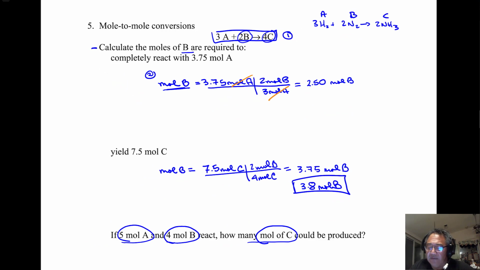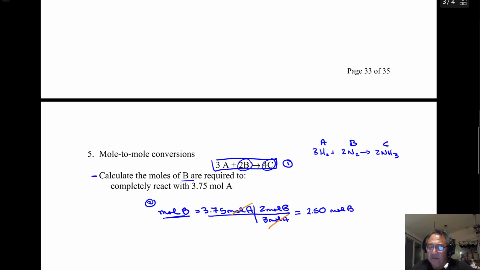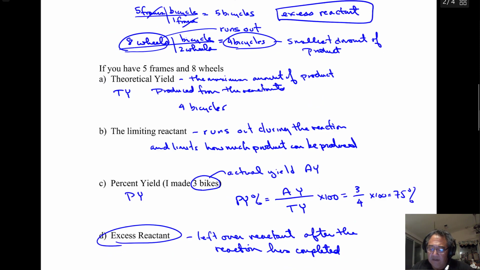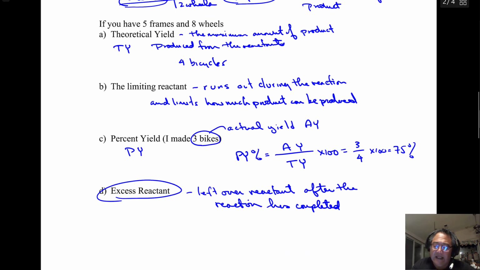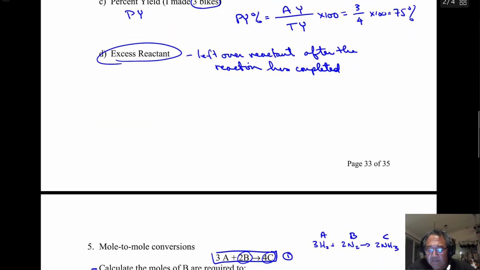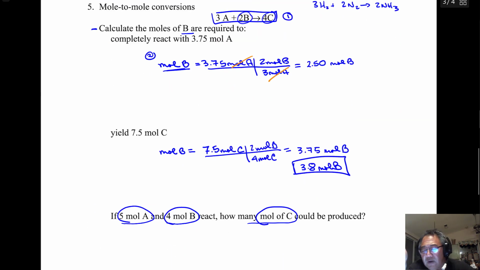In the bicycle factory, let's go back up to here. I gave you both the reactants, and in your head, what you did was you calculated how much product you could make from each reactant. Now, in these first problems, you weren't given 2, you're just given the 1, so you just calculate from the 1.